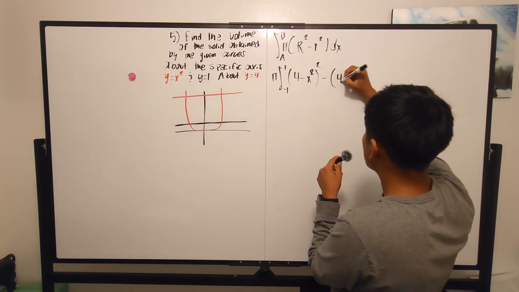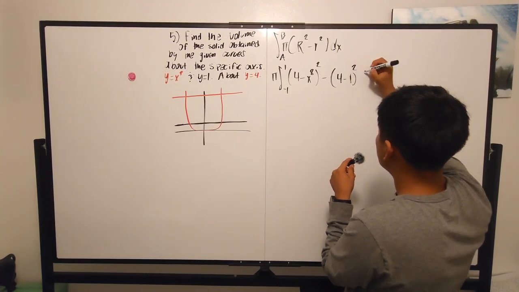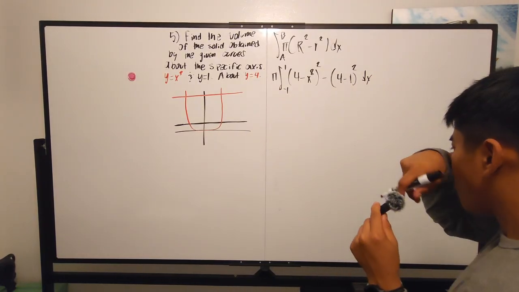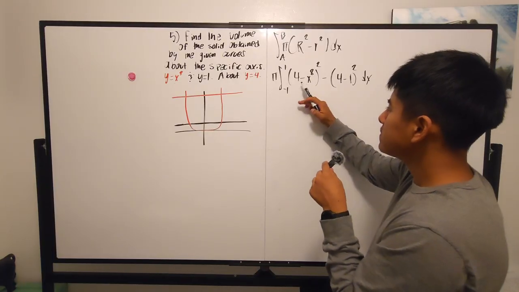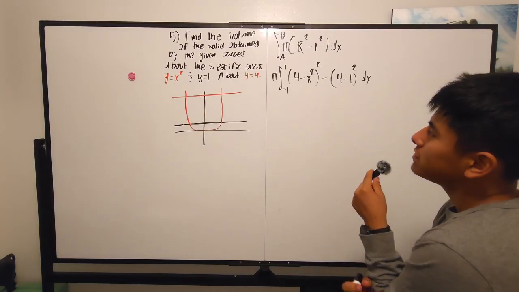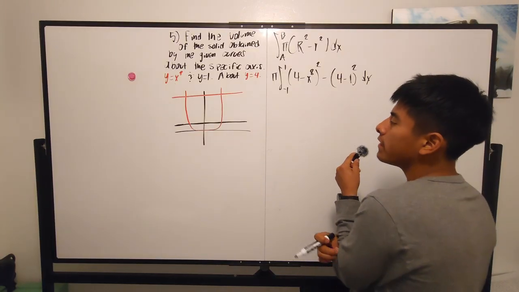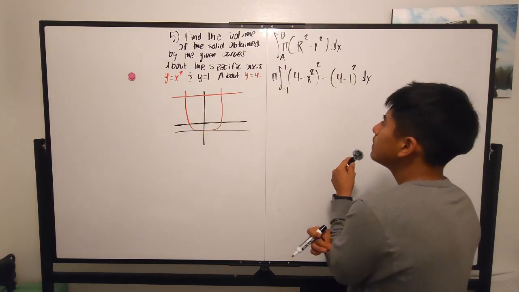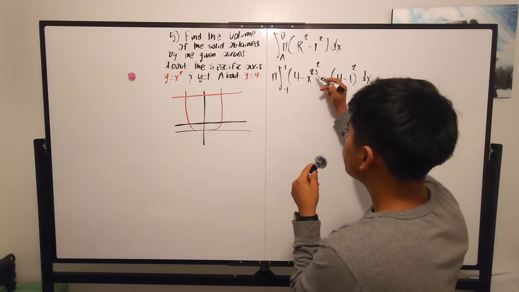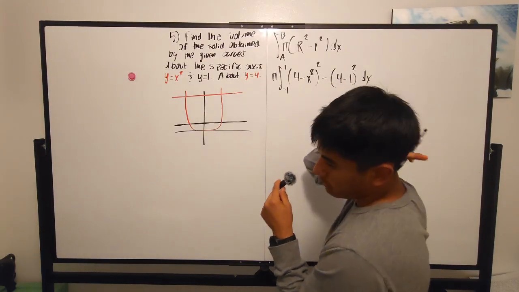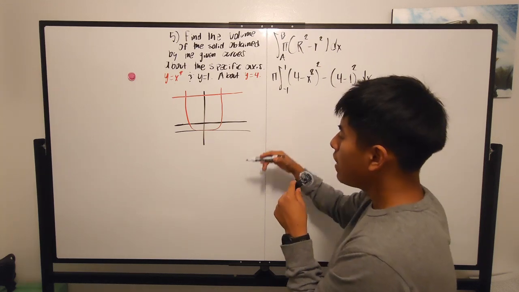4 minus 1 squared. Now, I understand why I did this, but I don't understand it enough to fully explain it to you guys. But I'm hoping you understand that I'm doing this because this function is already a certain distance away from the line that I'm revolving around.